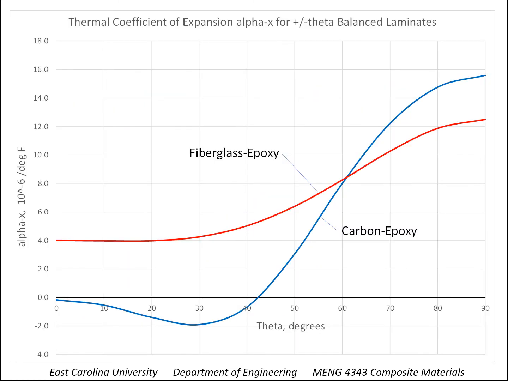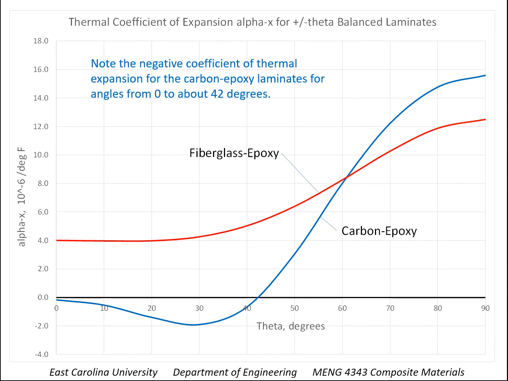And just out of curiosity, if you want to look at just the angle ply, a plus or minus theta, balanced laminates, you'll see that for fiberglass epoxy and carbon epoxy, they're quite different. And in fact, if the carbon epoxy plus or minus from 0 up to about 42 degrees, you're going to have a negative value, and that negative value has a maximum magnitude at about plus or minus 30 degrees, like the laminate that we had here.